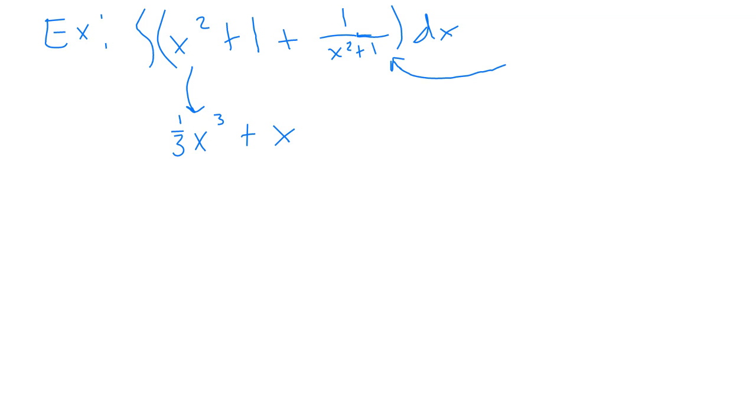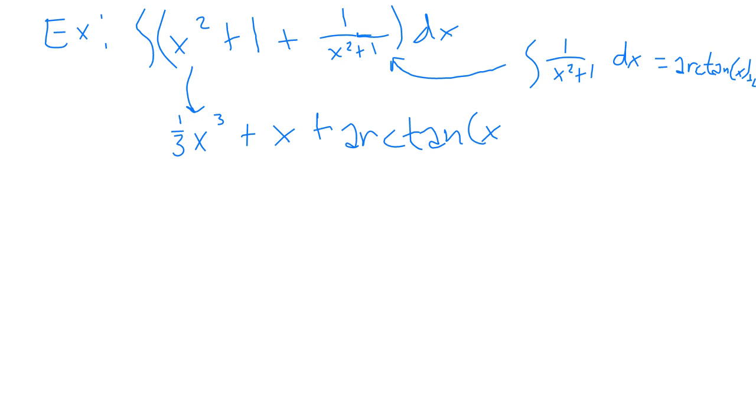And if we take a look at our chart, we can see that the integral of 1 over x squared plus 1 dx is in fact equal to arctan of x plus c. So we're just going to have arctan of x. And of course, we need to add our plus c to the rest of the function.